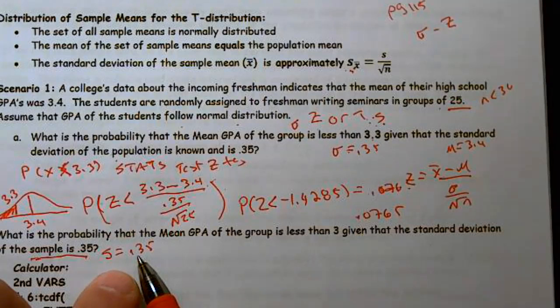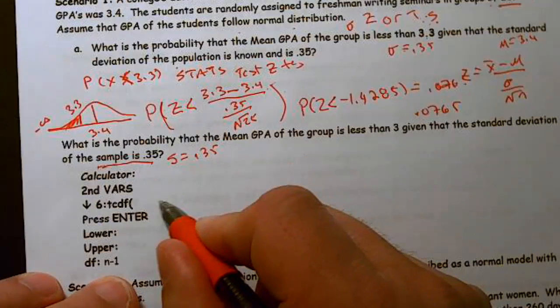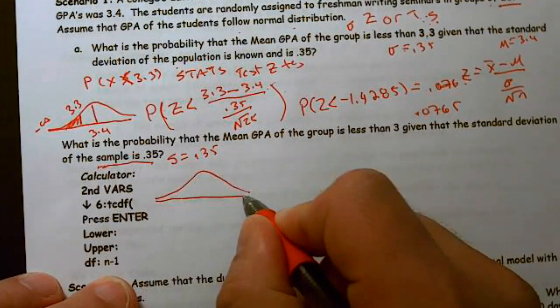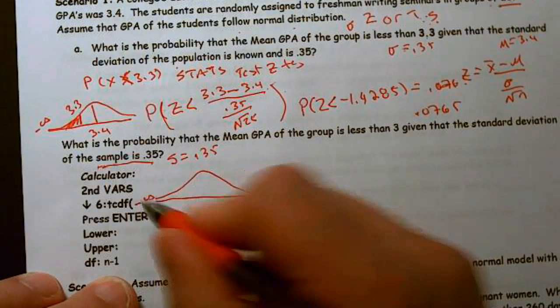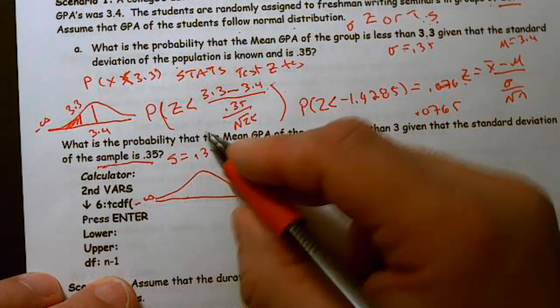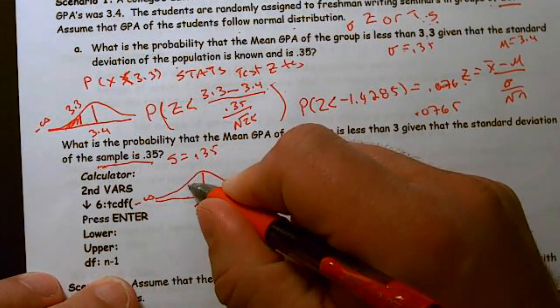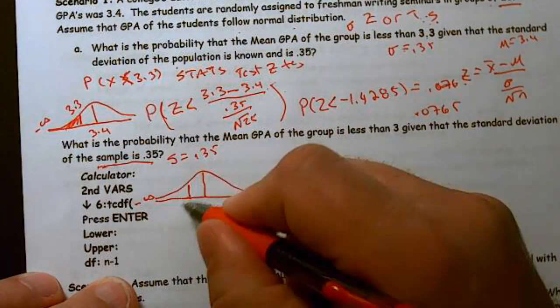Here we have the standard deviation of the sample is 0.35. So once again, I'm still drawing my picture. Turns out they're going to look the same. If I drew them correctly, this one should be fatter and shorter, but otherwise it's going to be centered at 3.4. We're still working with the 3.3.